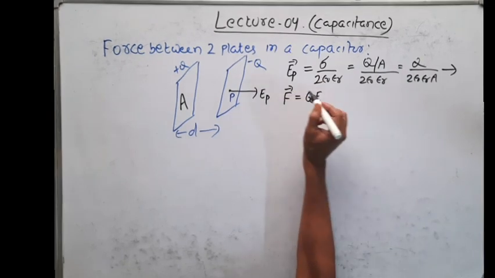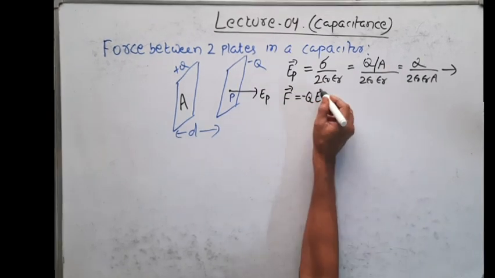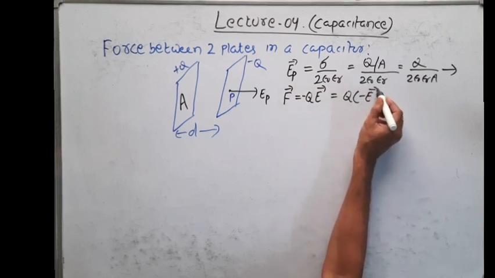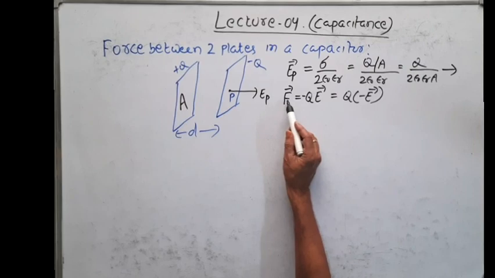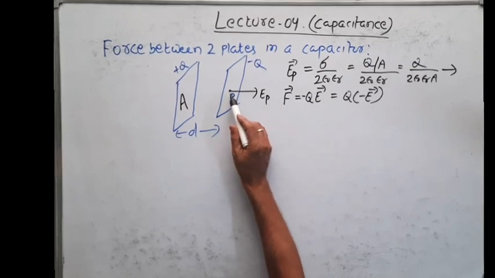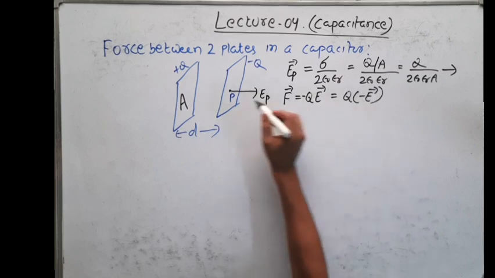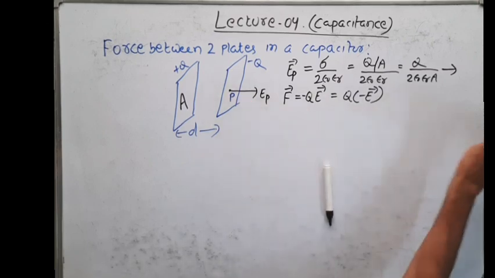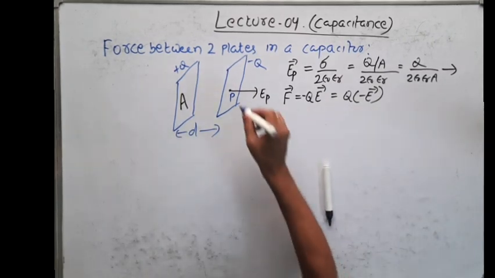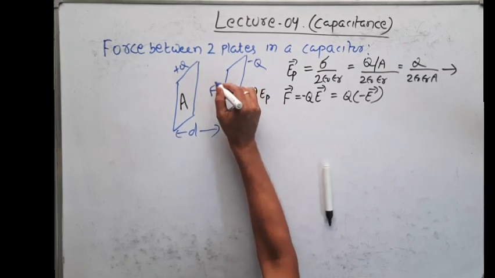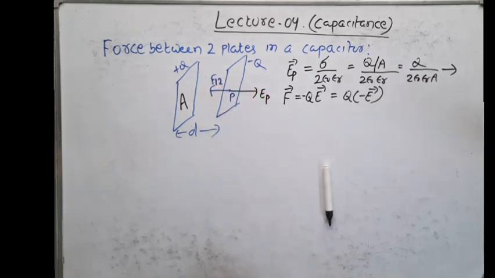In vector form, F is equal to minus Q into E, that is Q into minus E. Direction of force on the second plate is opposite to the direction of the electric field. Electric field is towards right, so the force on the second plate due to the first plate will be towards the left.